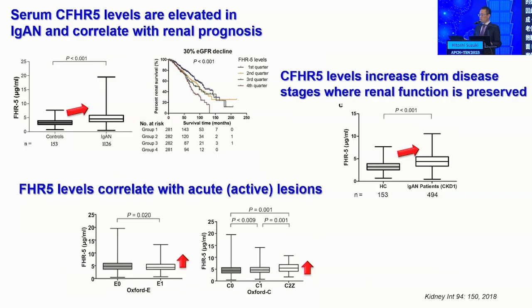Interestingly, CFHR5 levels increase from the early onset stages where renal function is preserved, such as CKD stage 1. CFHR5 levels also correlate with active lesions, such as E1 and C1 and C2 lesions.